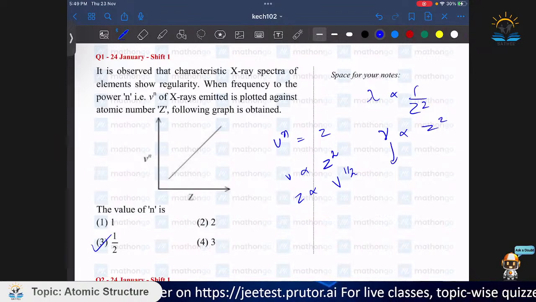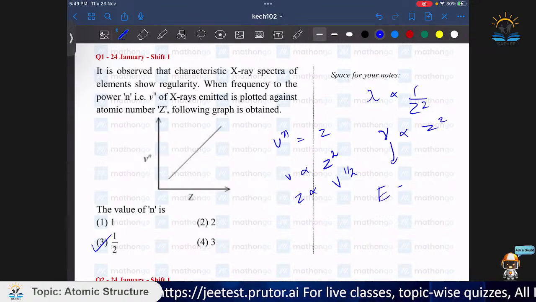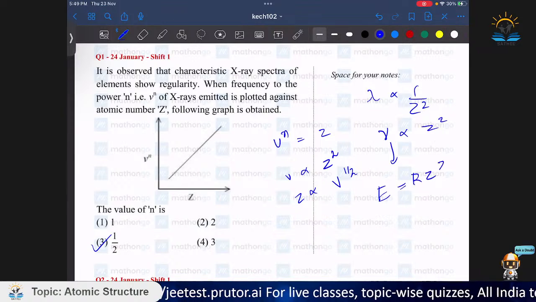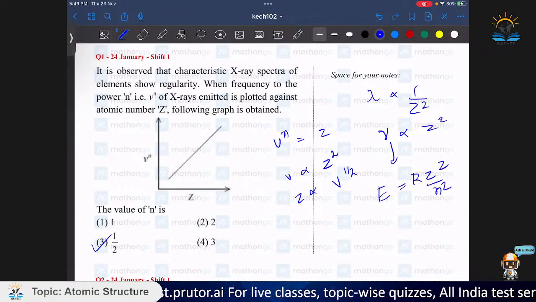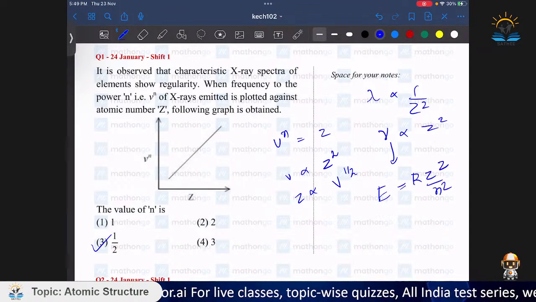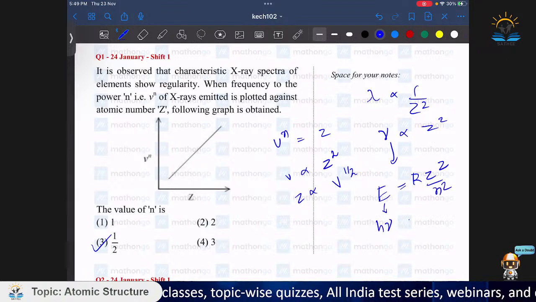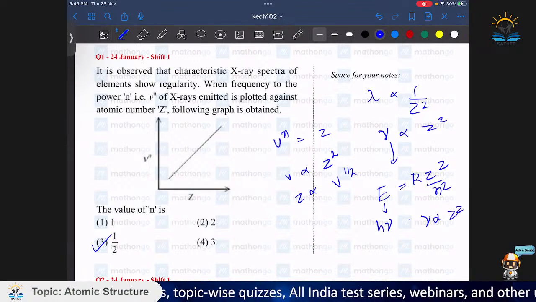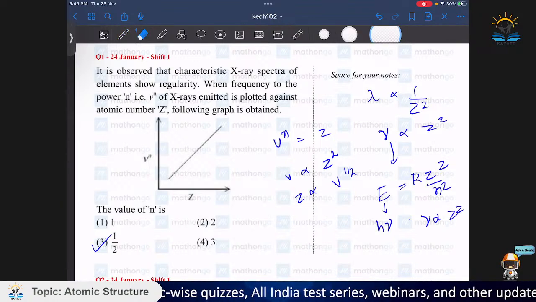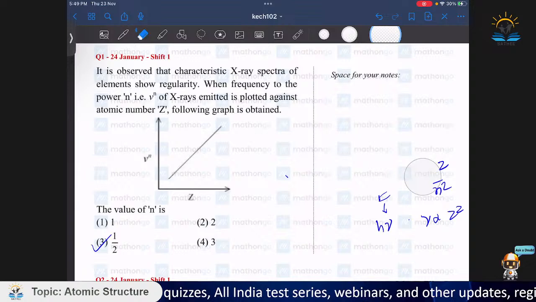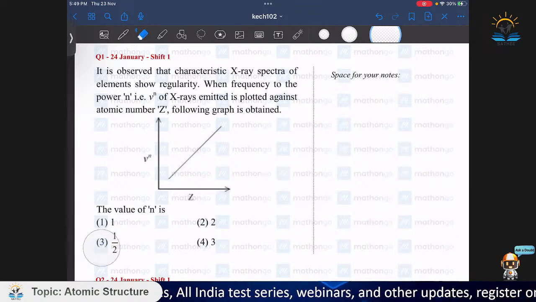How does it come? It comes from the energy formula. Energy is R Z square upon n square, right? And energy is basically h into frequency. So frequency is directly proportional to Z square. That is why Z is proportional to frequency to the power 1 by 2. All right, we are done with this question.